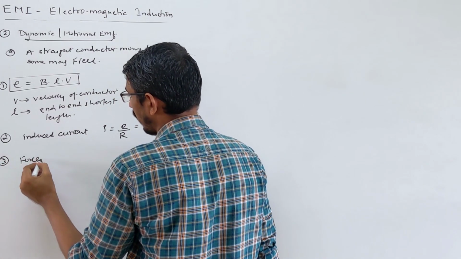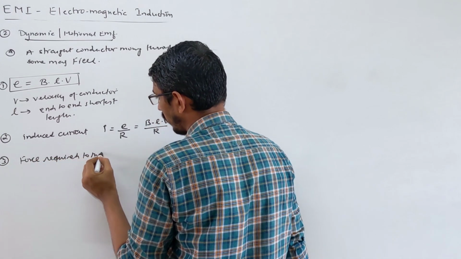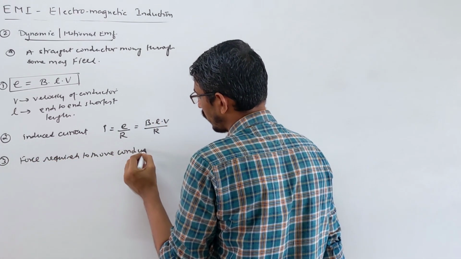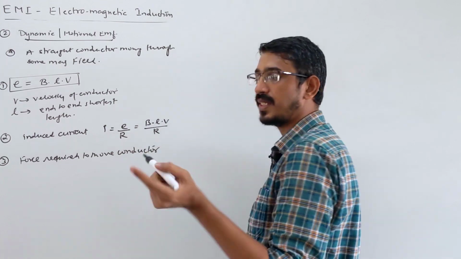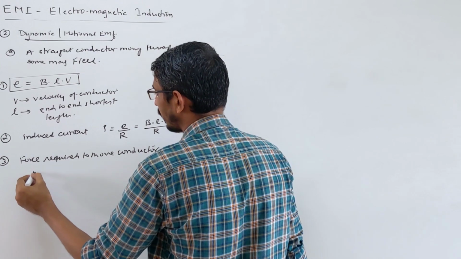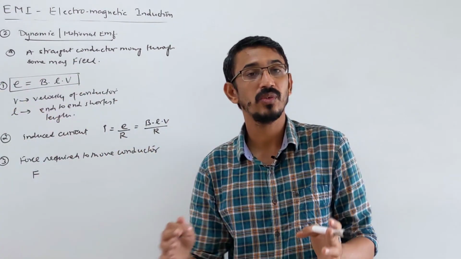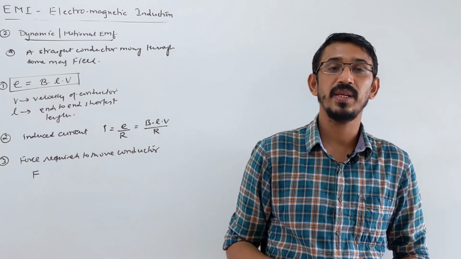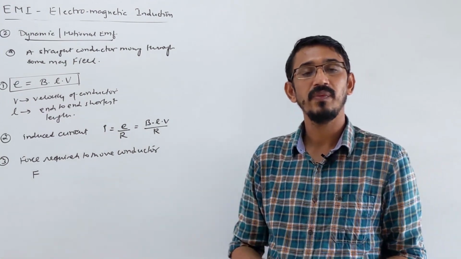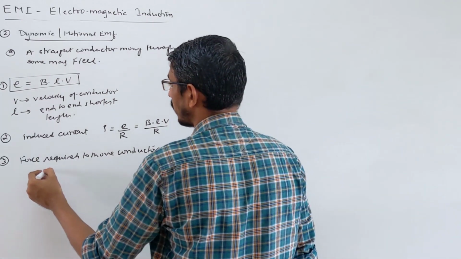Then they can ask you for the force required to move the conductor inside that given magnetic field with the given velocity. The force on a conductor, which you learned in the last topic, is BIL. A conductor placed in a uniform magnetic field experiences a magnetic force BIL, remember this formula.